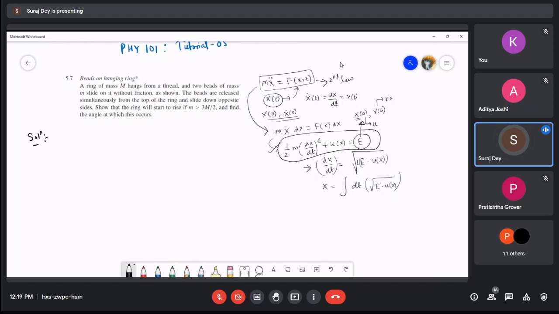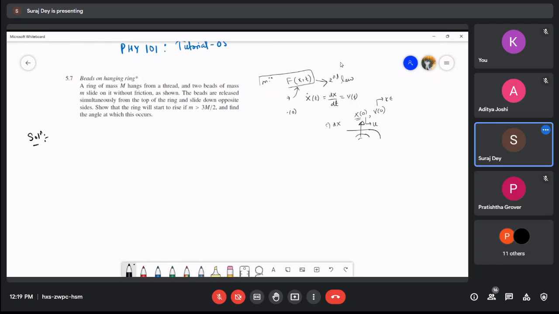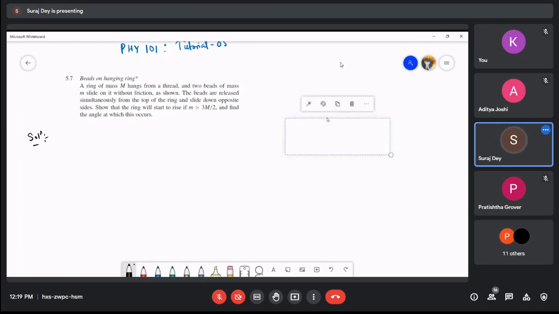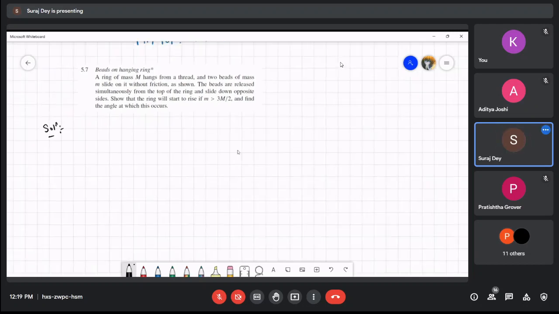So you can just use this equation to solve for dx/dt, and this then allows you to solve for x of t. I hope this part was clear. We'll also see some examples of how it can be useful in other cases as well.